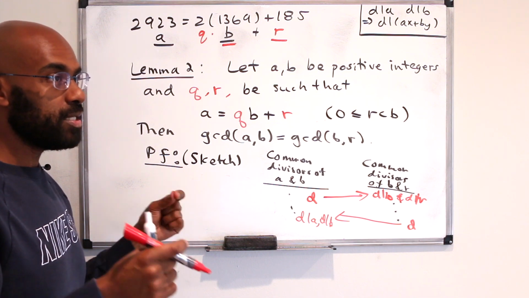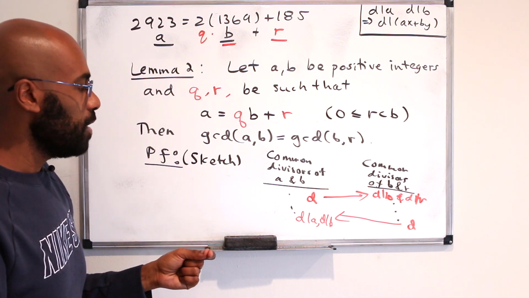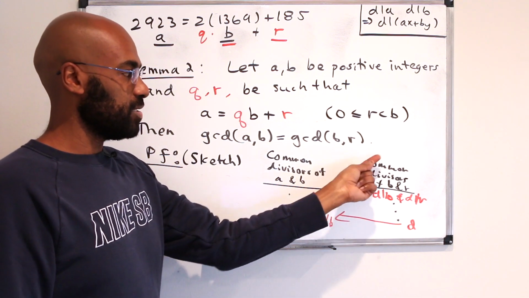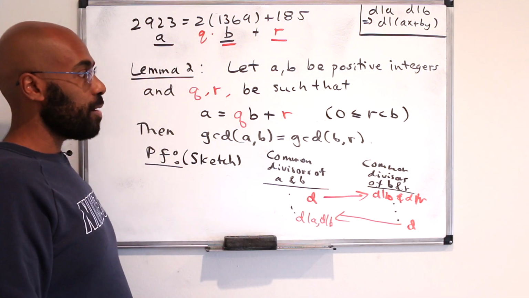So the greatest element in each list has to be the same number. The greatest element in this list is the greatest common divisor of these two, and the greatest element in this list is the greatest common divisor of these two. So the greatest common divisors are actually the same.